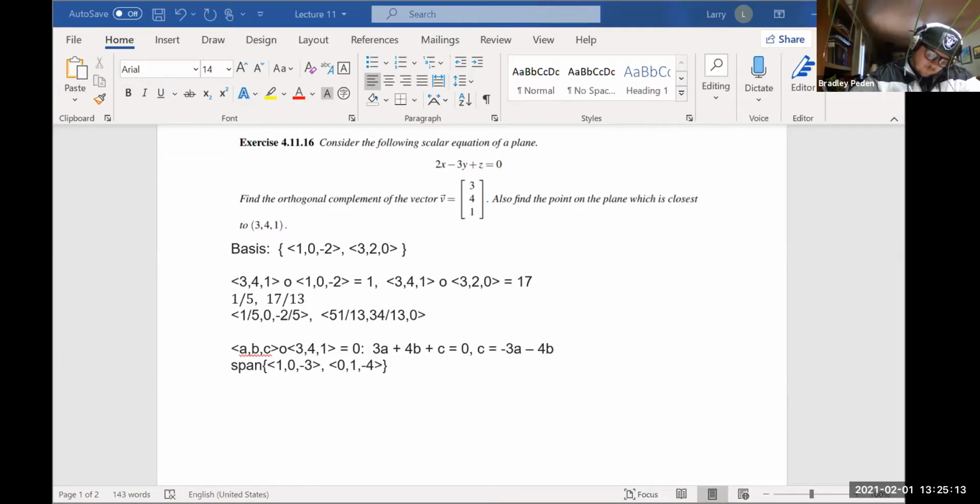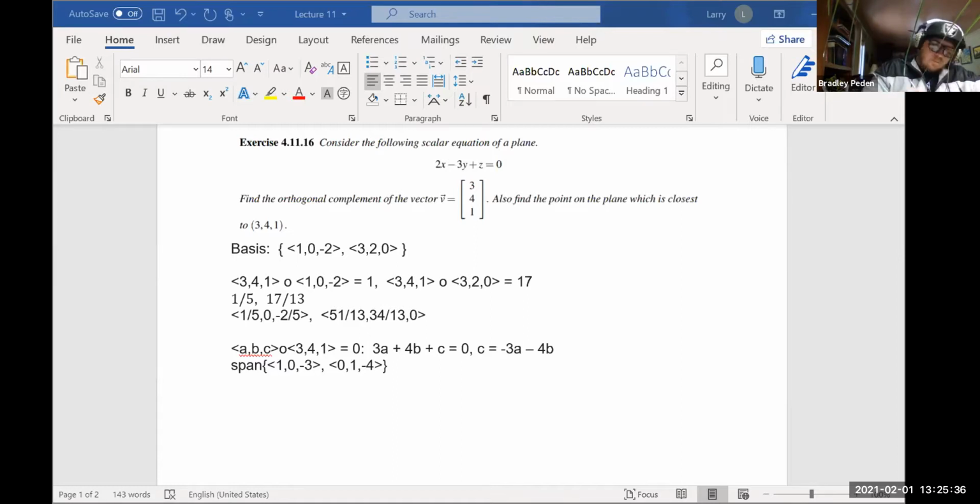And how do you check your work real easily? Dot both of them with (3, 4, 1). Yep, and what do you get? When you do that dot product, what do you get? 0. Okay, which is good. That means they're orthogonal.